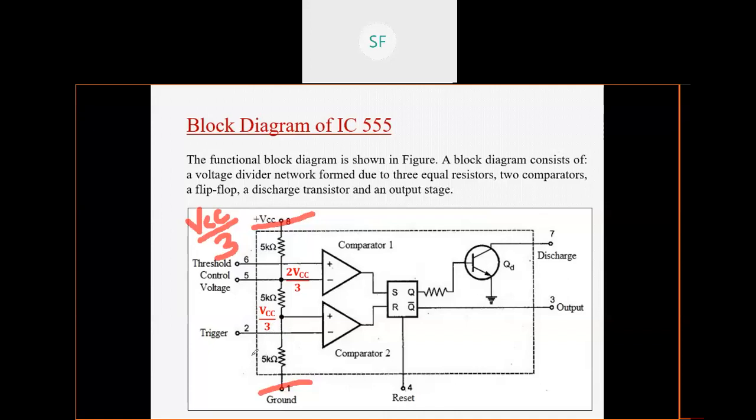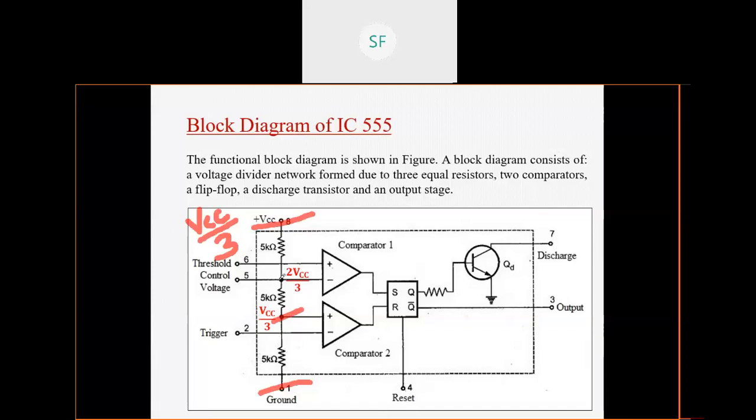If I measure the voltage across this last resistor connected to ground, that is from this point to this point, this is the voltage across the last resistor. So this voltage will be VCC by 3.